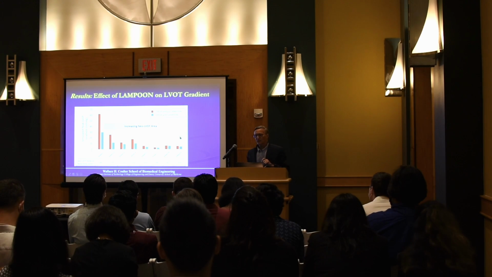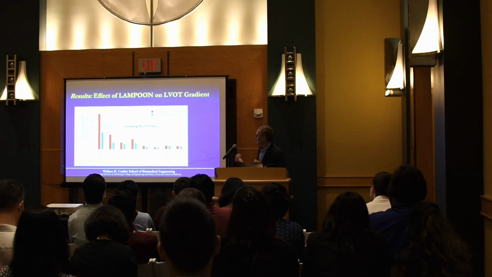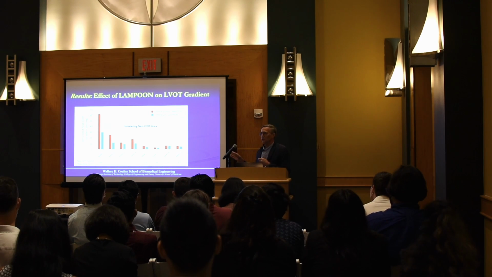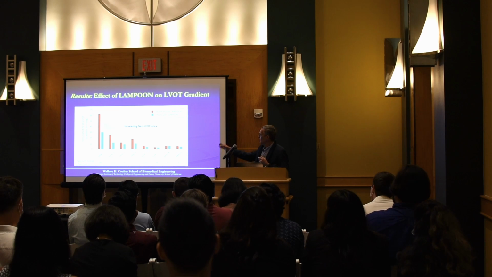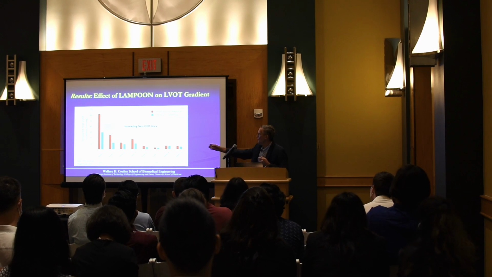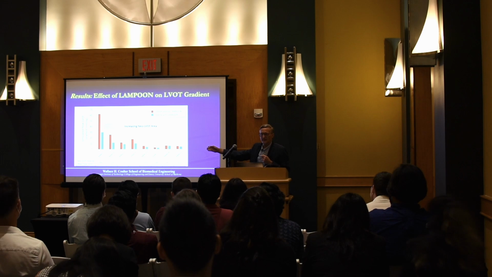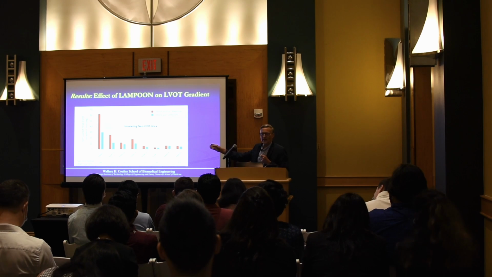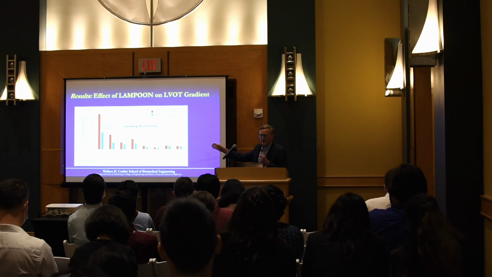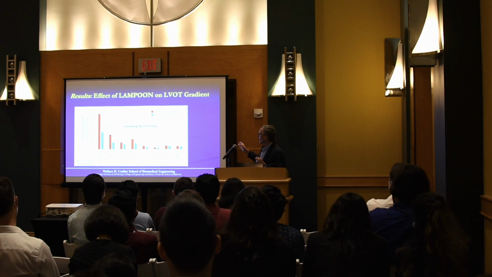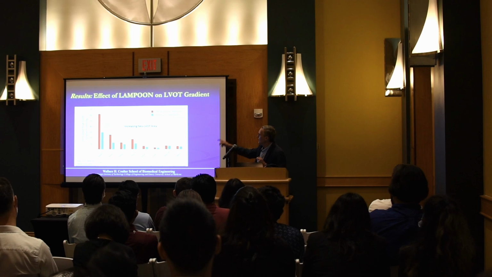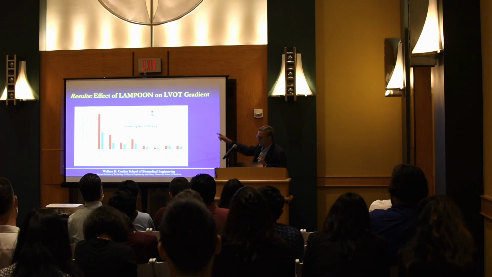I plotted the pressure gradient a little differently. Actually, I shouldn't say I did, Kesha plotted it. So now we have different subjects going from the smallest neo-LVOT area at the screening CT, going to the right. And TMVR without Lampoon, the virtual control, is in red.